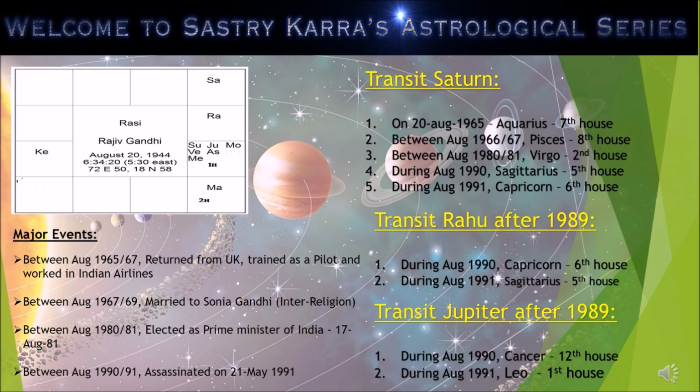We can understand that. So let's look at the second event, between 80 and 81. That's when, in transit 80 and 81, he was elected as the Prime Minister of India. So go and look at this. How could Saturn impact this particular one? Saturn, again, look at it.